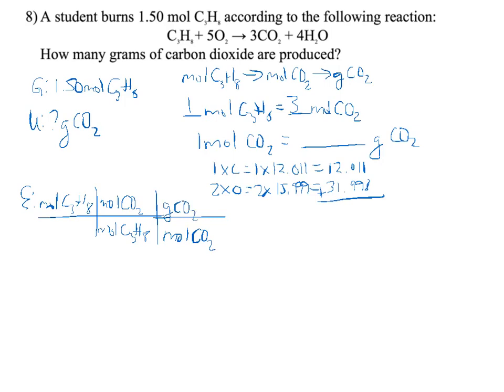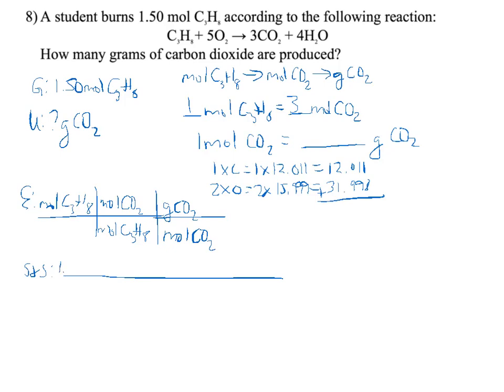Now remember, this top part of our equation here is the same thing as our mole map. Moles of one substance to moles of the second substance into grams of that substance. And that's exactly what we did here. Moles of C3H8 into moles of CO2 into grams of CO2. And then remember, our other units just get canceled out by putting them on bottom. So now we just stick our numbers in.